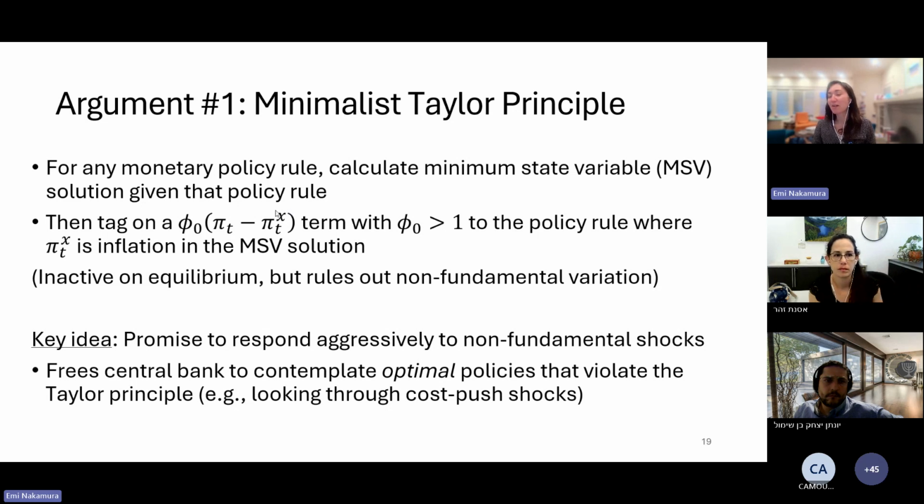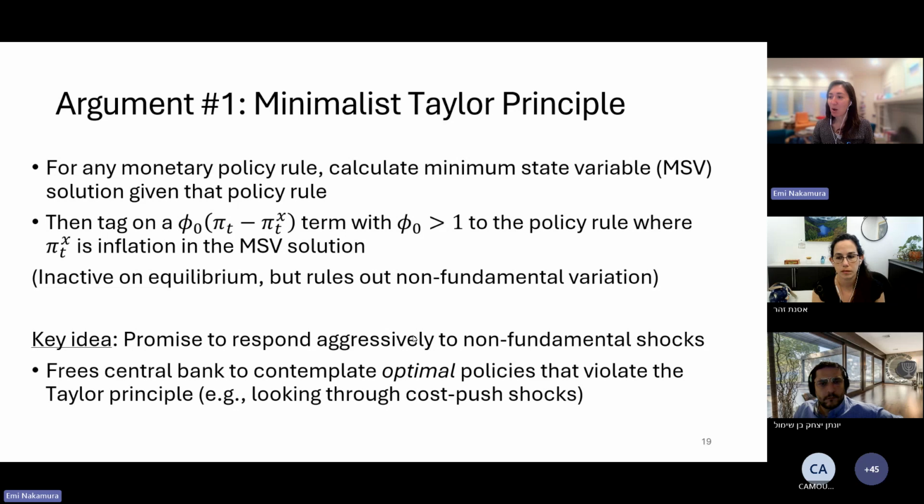So you can have whatever policy you want on the equilibrium path, but then you're adding this additional term that says that the central bank will respond very aggressively to deviations of inflation from this fundamental path. In other words, if there are non-fundamental shocks that are influencing inflation, the central bank would respond aggressively to that.